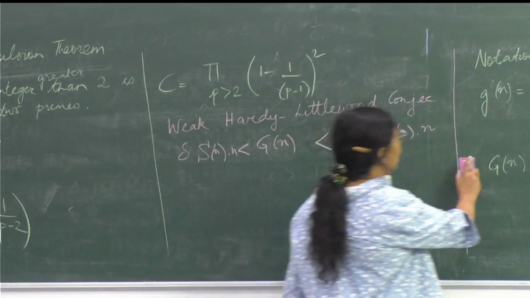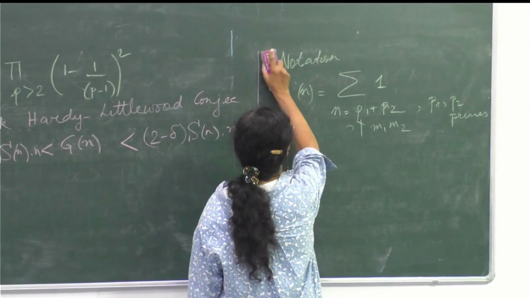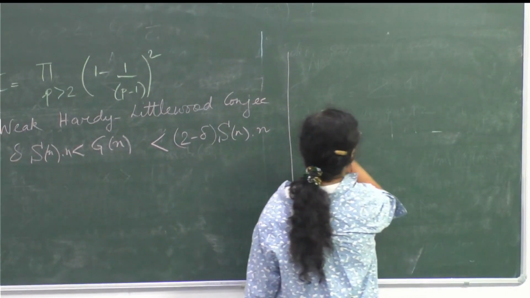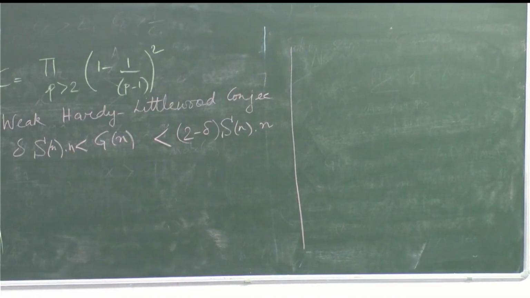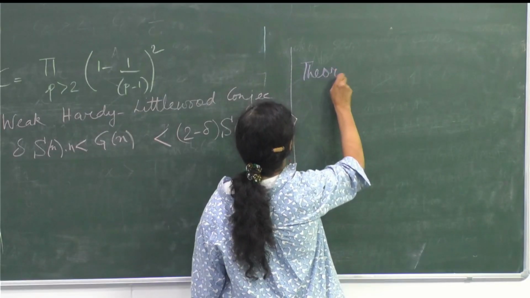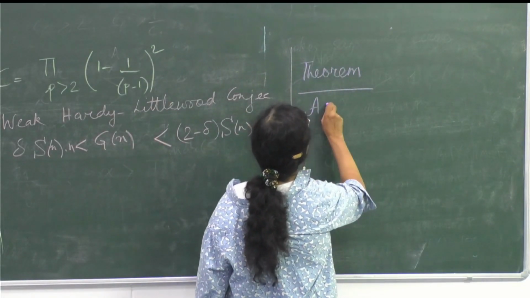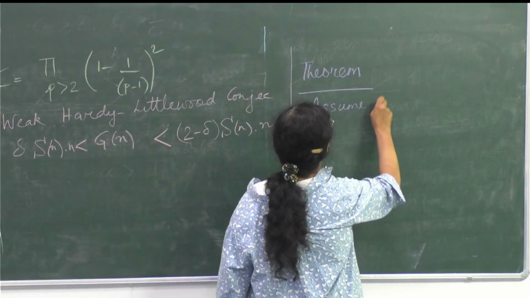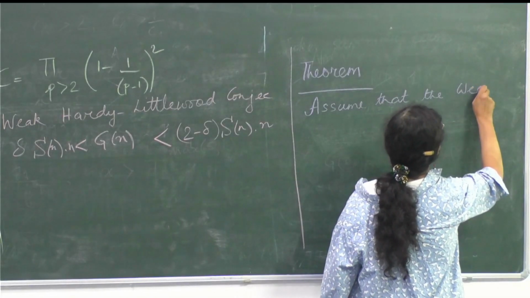The theorem is a recent result. Theorem: assume that the weak Hardy-Littlewood conjecture is true.